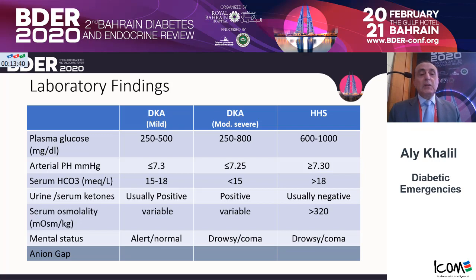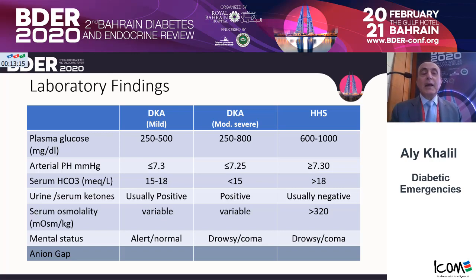So in the case of mental status, we said that hyperosmolar patients are usually drowsy and could be comatose. And anion gap is another element, okay? Which among the two, diabetic ketoacidosis or hyperosmolar state, is associated with high anion gap acidosis?